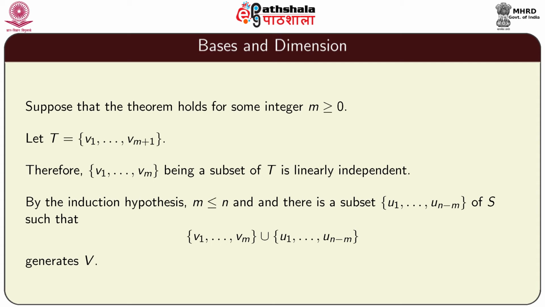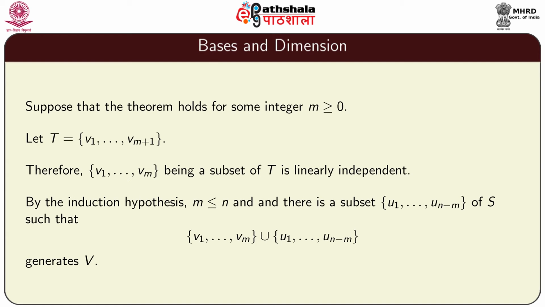Now, the induction hypothesis says that we assume that the theorem holds for some integer m bigger than or equal to 0. And now, we prove that this statement is true for the integer m plus 1.